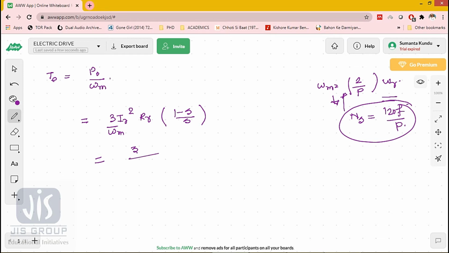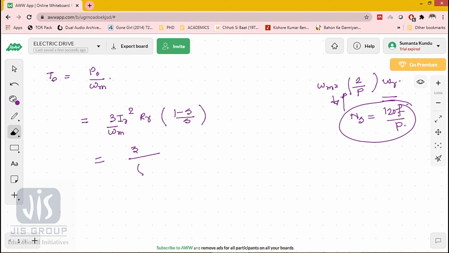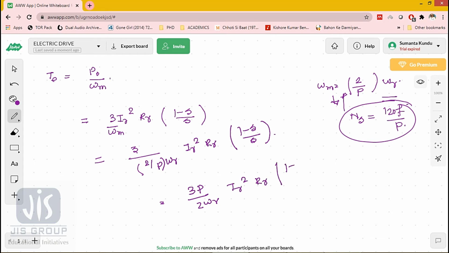So 3 by 2 by p into omega r into IR square RR 1 minus S by S. So it will become 3p by 2 omega r IR square RR 1 minus S by S. Now what is my omega r?